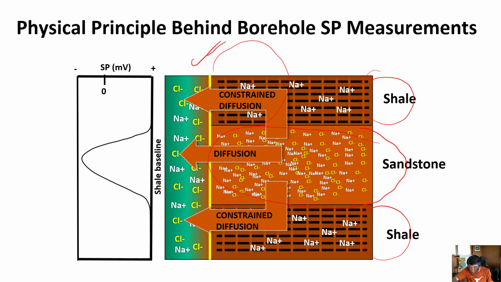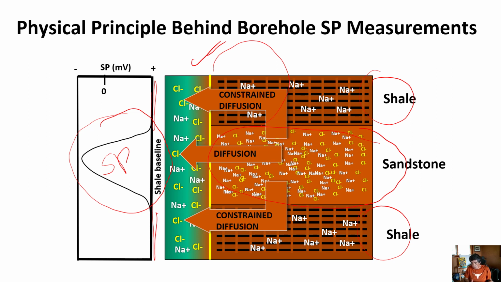And if we make those measurements relative to the electric field at the shales, then the remaining portion of the electric field will be the spontaneous potential. And that's what we typically measure across these rocks.